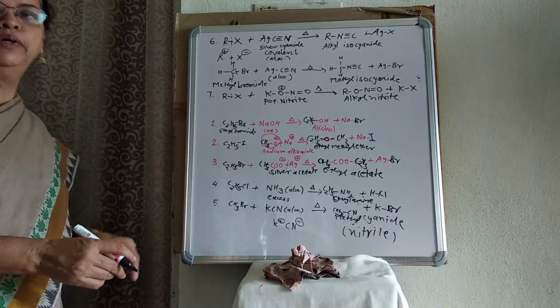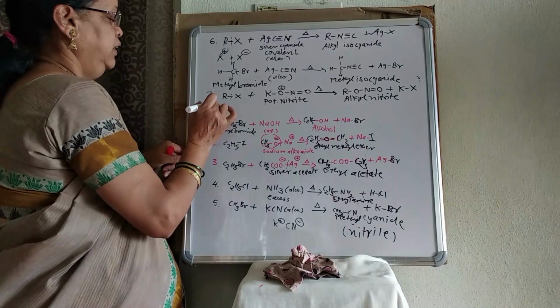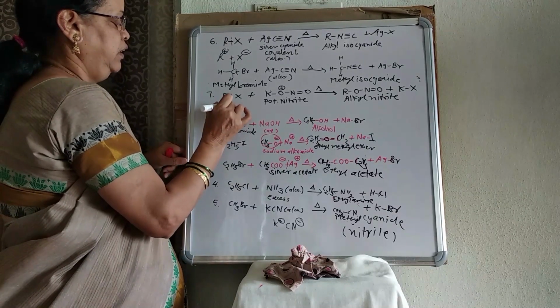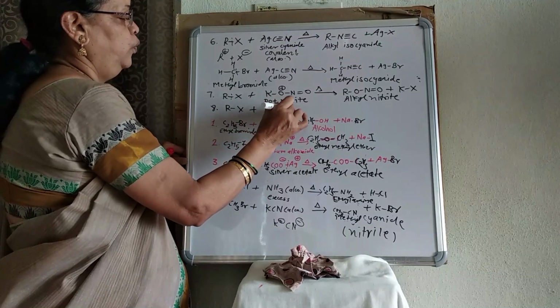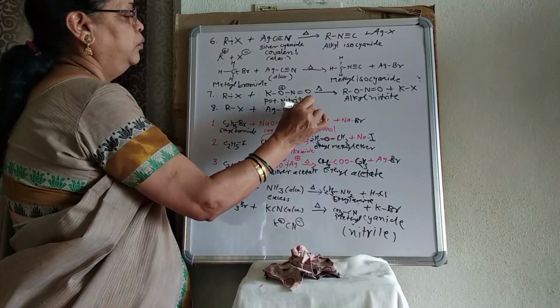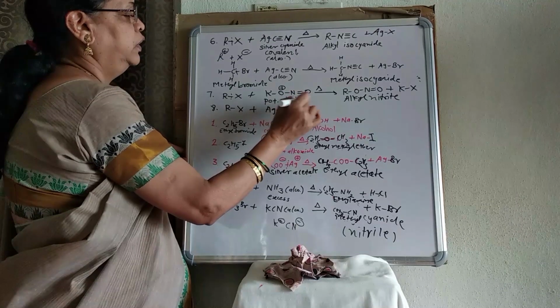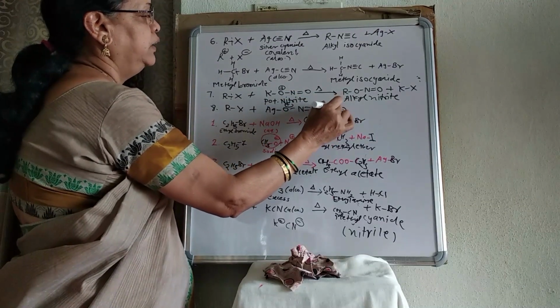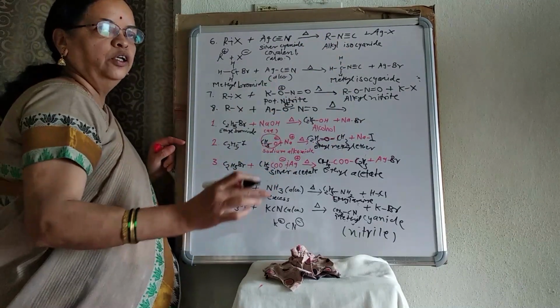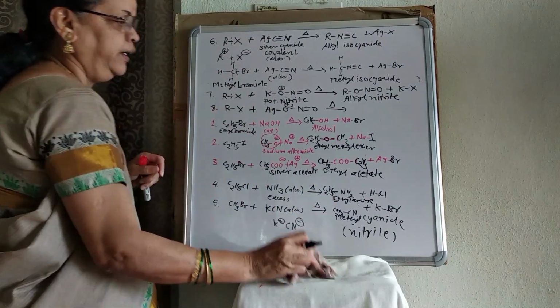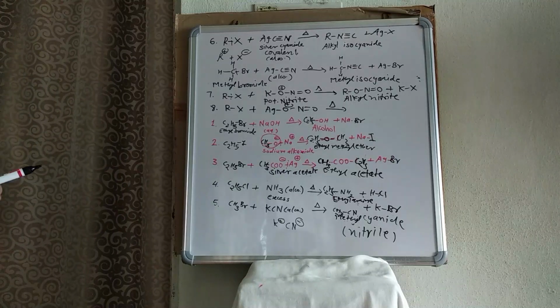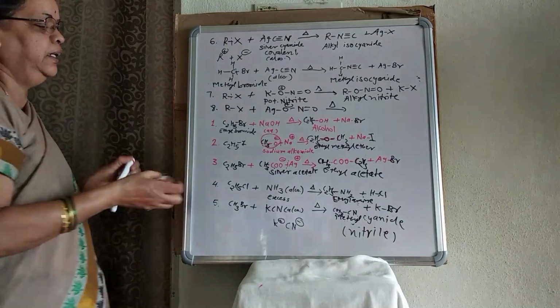So such types of reactions you can consider. And the last reaction, RX reacting with AgO double bond O, for your practice you can write down the product. Your own example also you can take. Okay, so I think we have studied simple substitution reactions here.